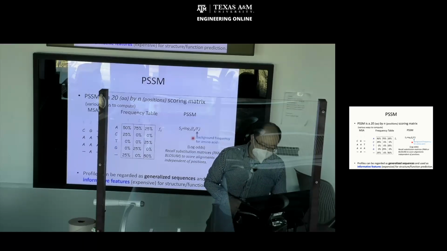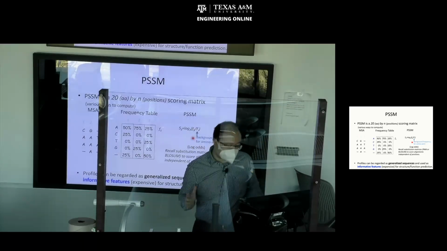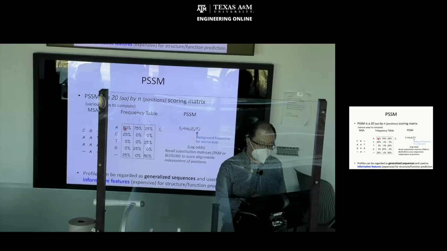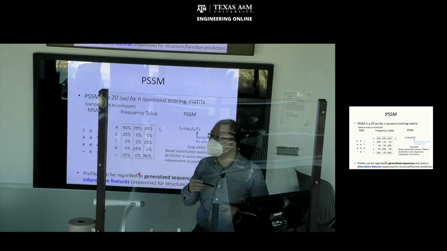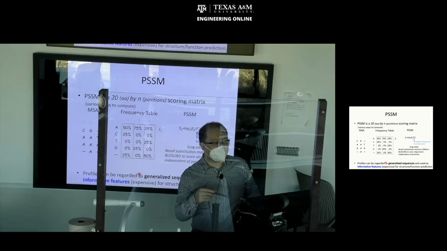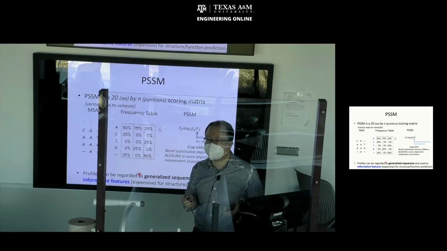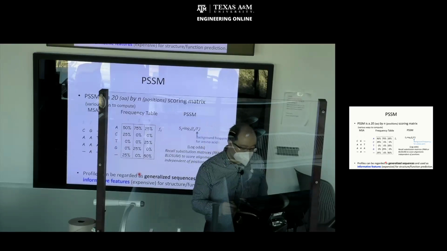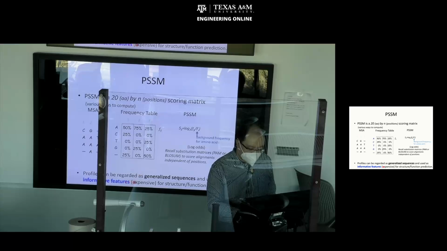So in other words, now you can think of this protein sequence not as an individual protein sequence, not like every position you have a single letter. Now every position has a probability distribution over 20 plus 1 letters, if you are in the world of proteins. So this is called the profiles. It's sort of generalized sequences.